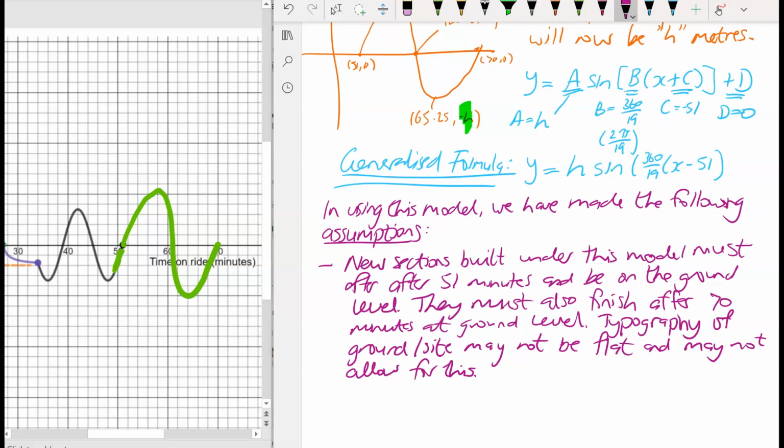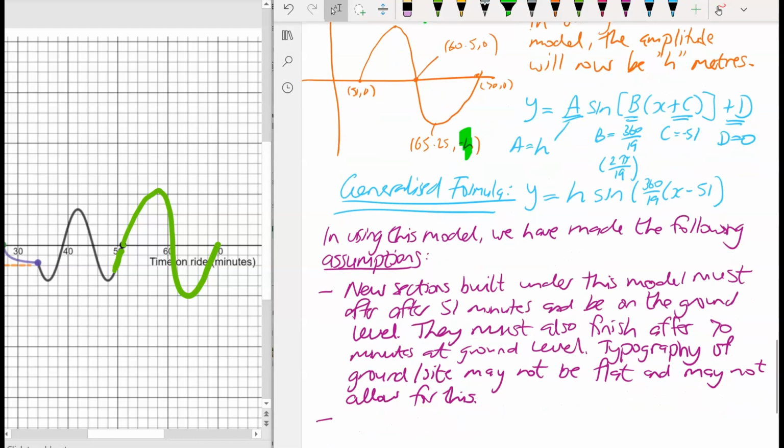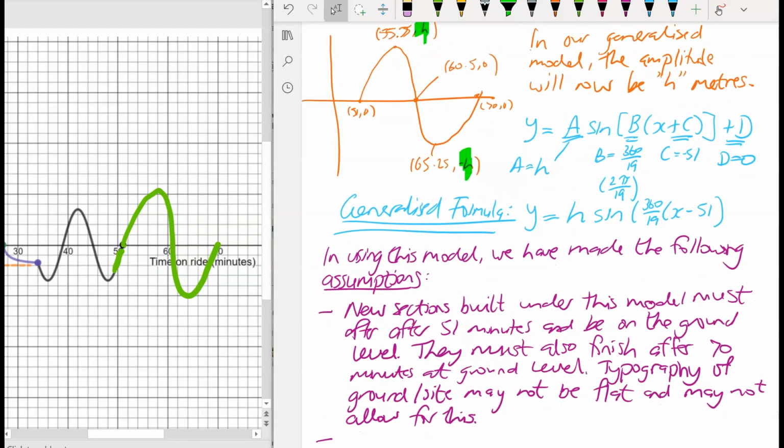Okay, the next assumption relates to the middle x-intercept and the minimums and the maximums. The new amusement park must be happy that the minimum, the second x-intercept in the middle, and the maximum, all of them must be at 55.75, 50.5, and 55.25 minutes. Non-negotiable, that's what it needs to be.